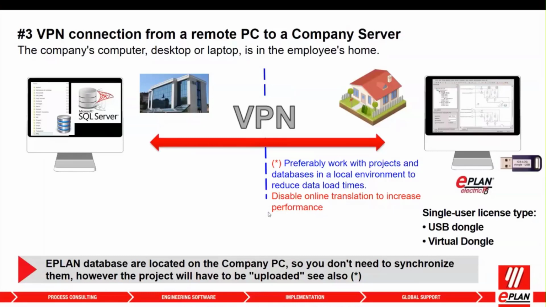If that didn't help, you can try to back up your project to your computer, and then you restore it locally on your local computer from the data server, and then work on it locally. In that case, the amount of data back and forth between your local computer and the server will be less, so it's going to be a better experience.